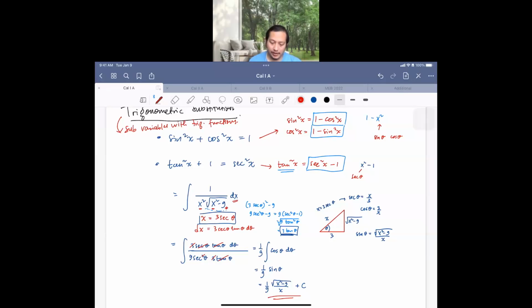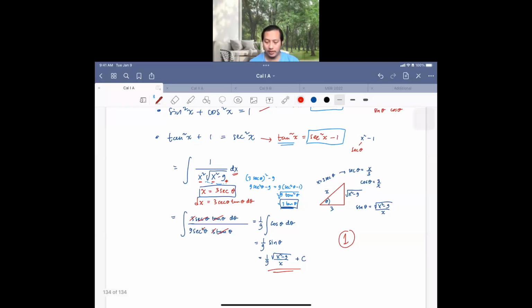Okay, this is case 1. In case 1, we have the secant x, so we have secant squared x minus 1 as our identity to exchange.